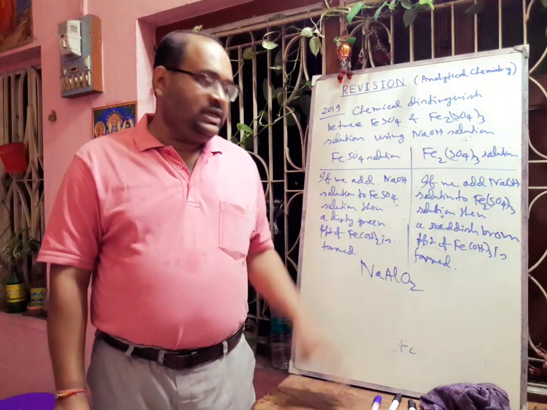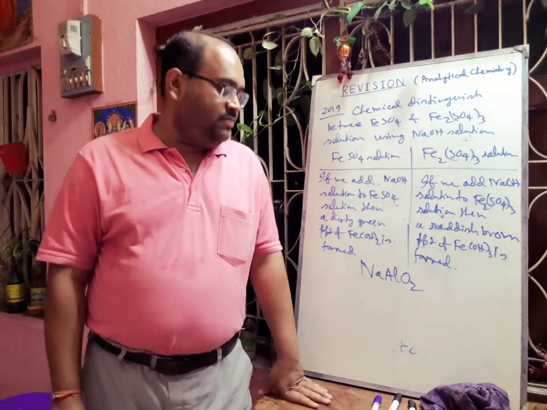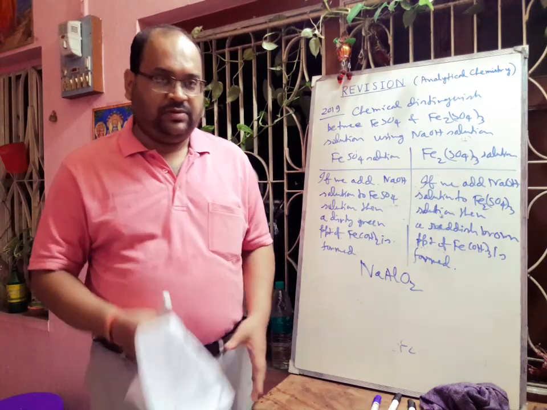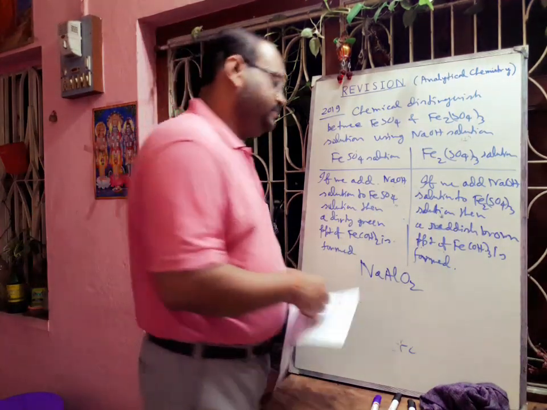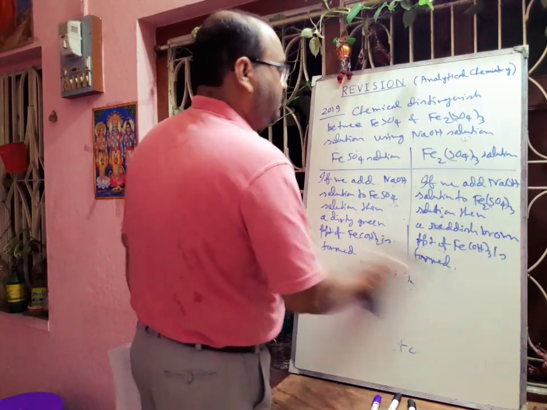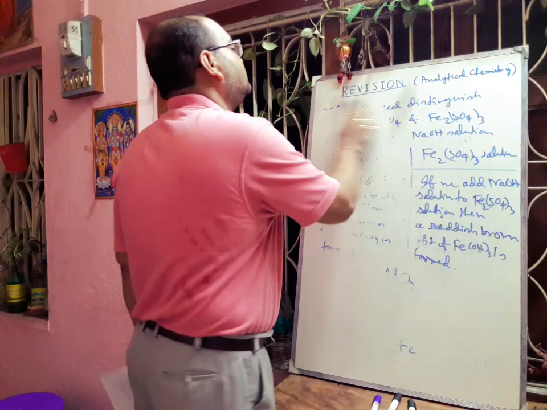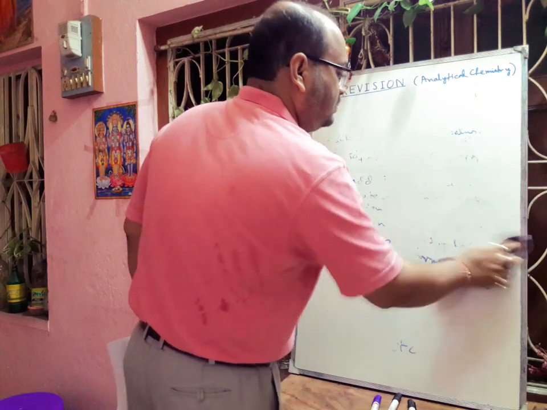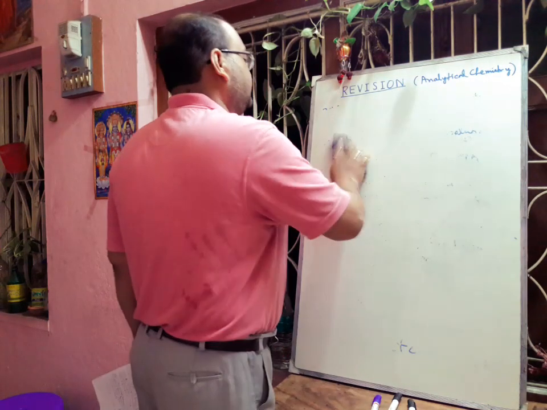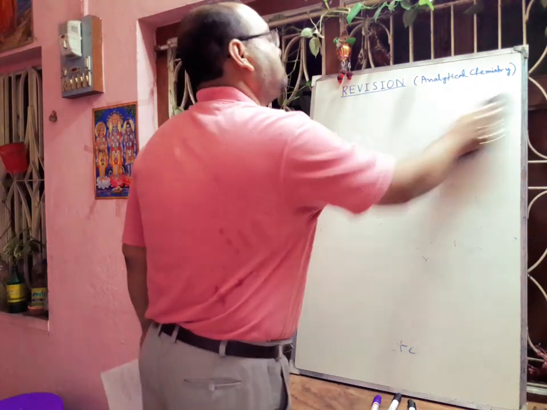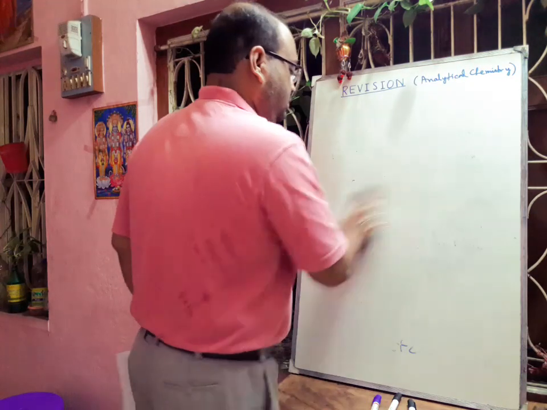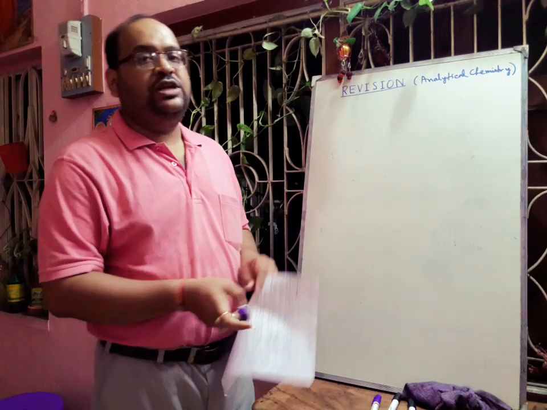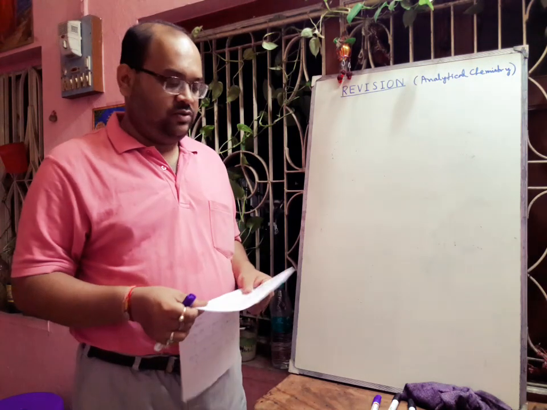Actually, this formula is sodium meta-aluminate, but here you can write NaAlO2 as sodium aluminate. There will be no problem. In most places, it is written that the sodium aluminate formula is NaAlO2.